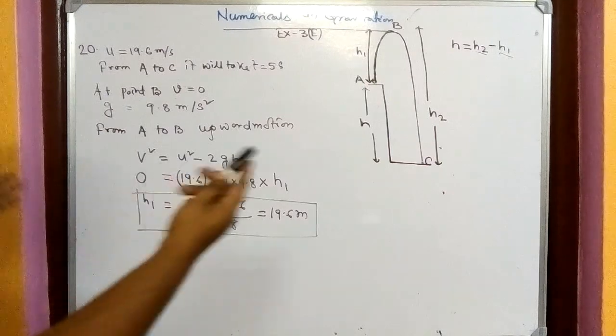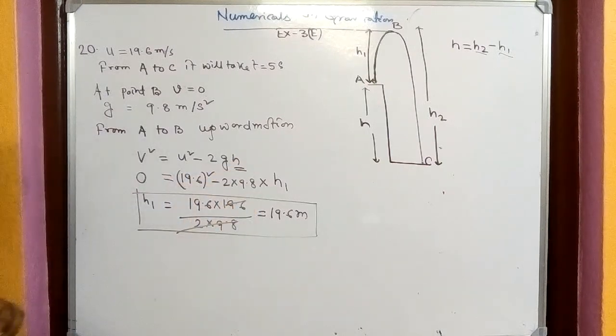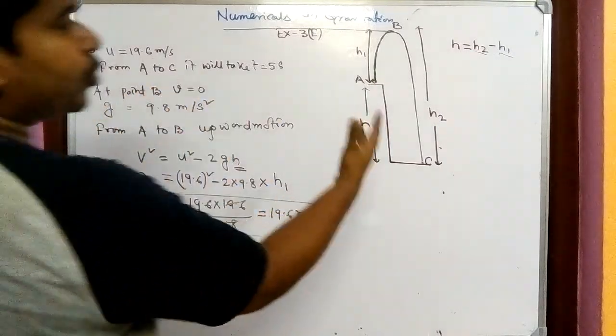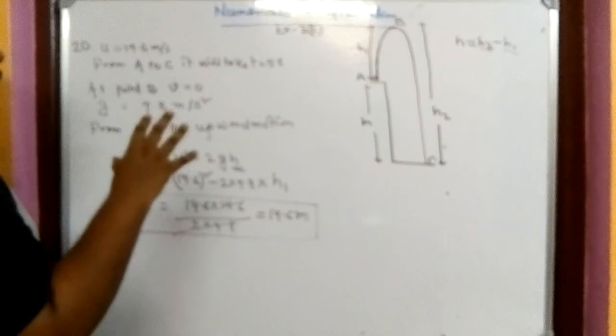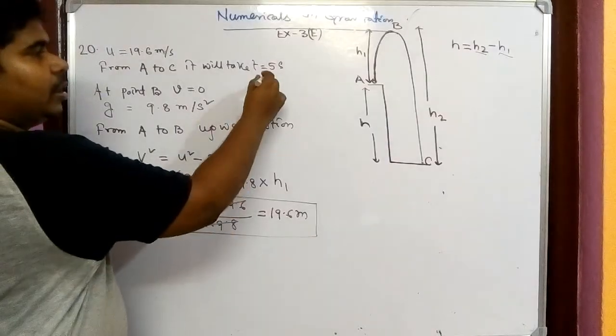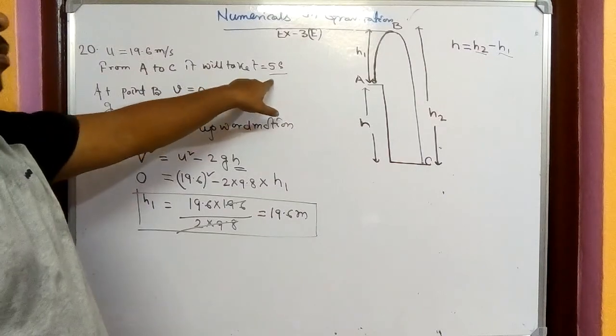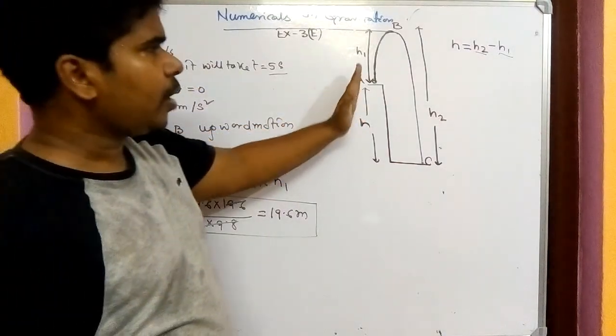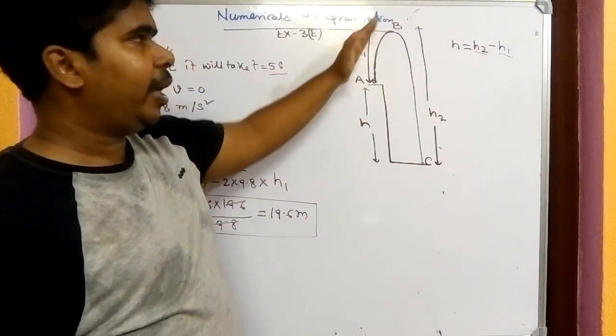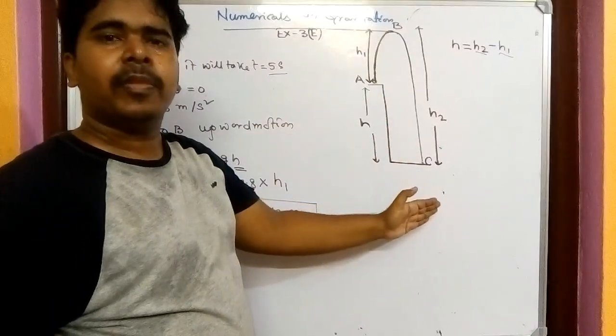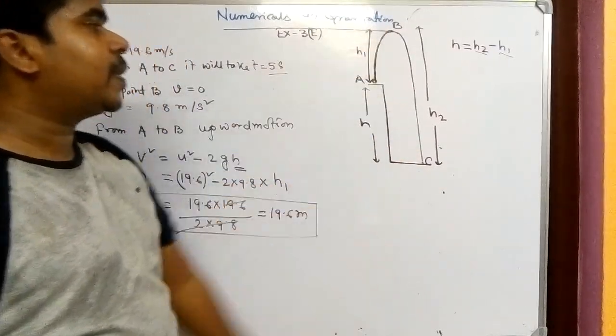Next we have to find h2. Now the question has come, how are we able to find h2? Because to find h2 we need the help of time, and here the time given is 5 seconds. 5 seconds means the total time from A to B then C. So the total time is given.